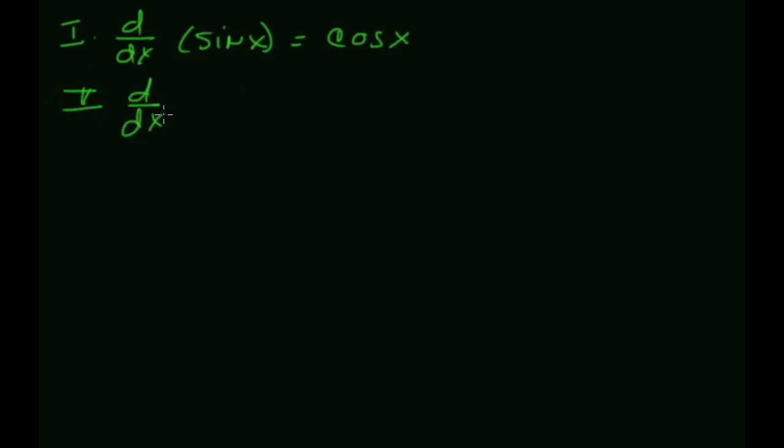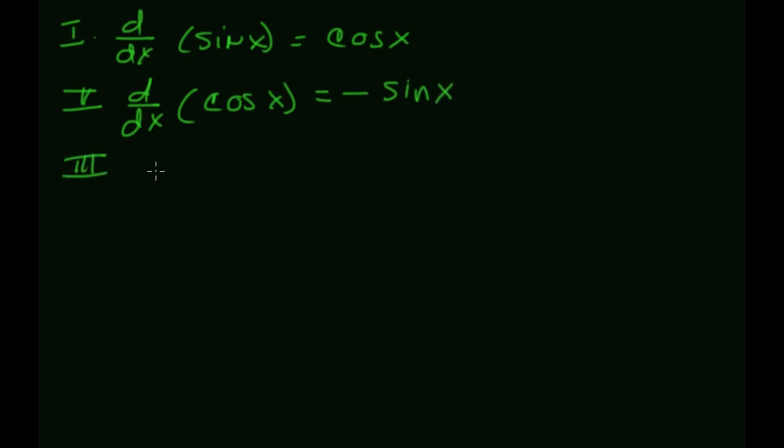At this point we have three derivatives for trig. The derivative of the sine of x is the cosine of x. The derivative of the cosine of x is the negative sine of x.